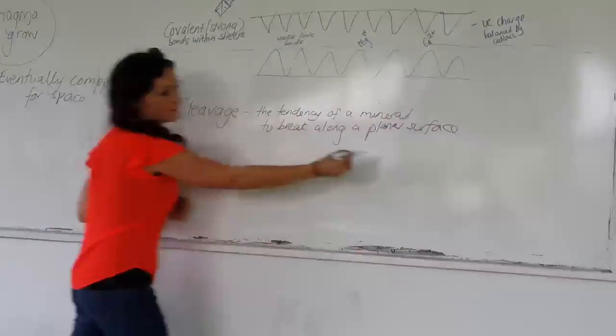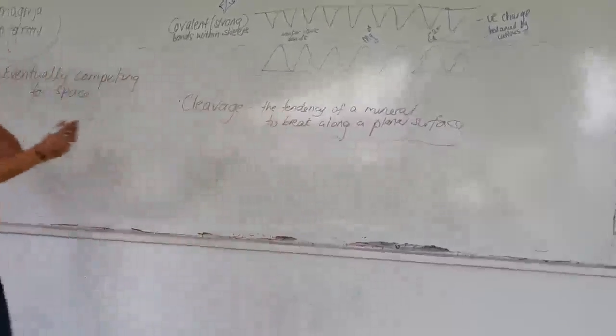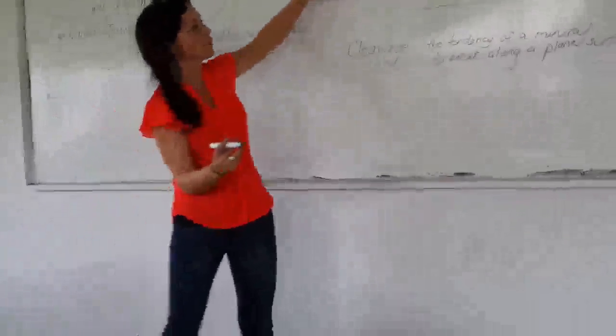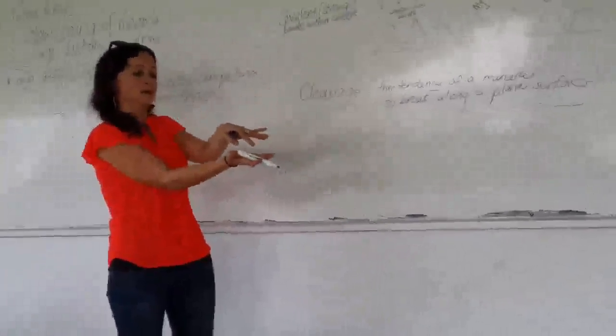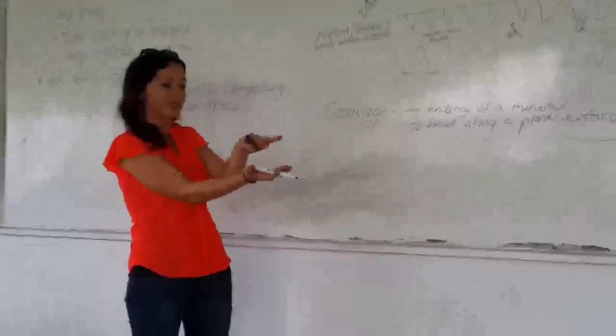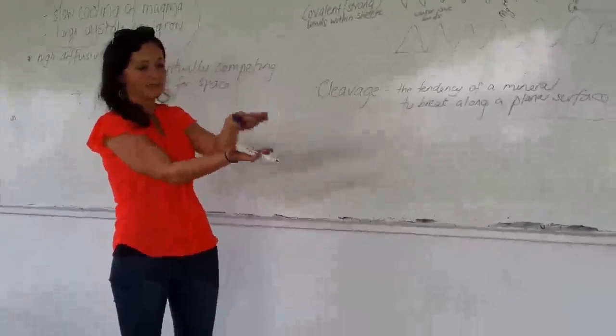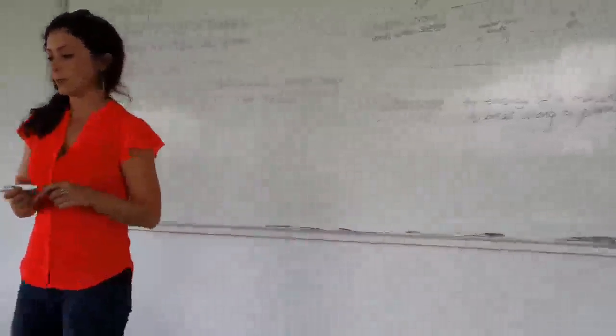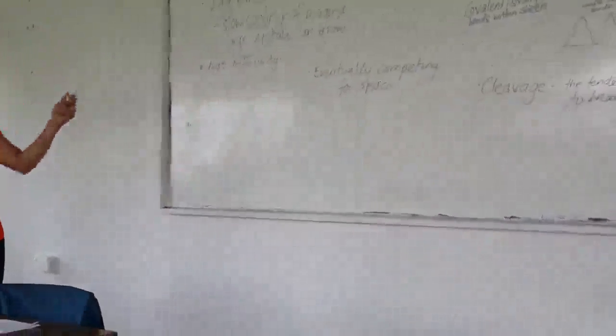And the planar surface that it breaks along is always a planar surface where the bonds are weaker. So in sheet silicates, the bonds are weaker between the sheets, and so it tends to only have one cleavage plane, and that's between the sheets.